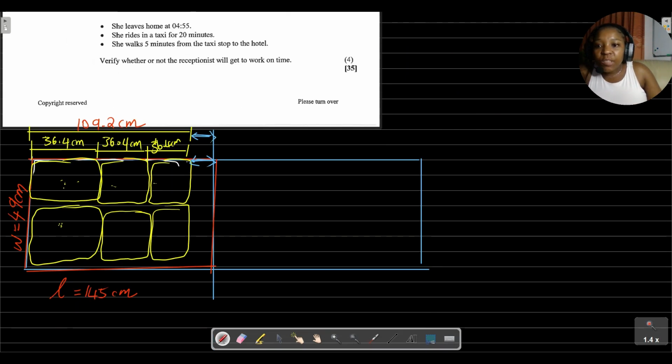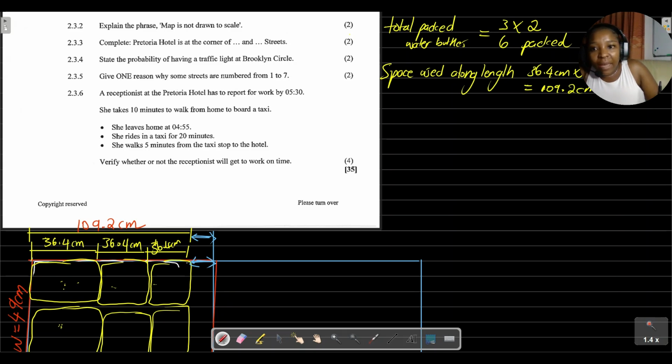To determine how much space is left, I'm going to take the 145 centimeters and subtract 109 centimeters. So 145 minus 109, I'm getting 36 centimeters. That means I still have space of about 36 centimeters there. I'm going to write that down: 36 centimeters there.